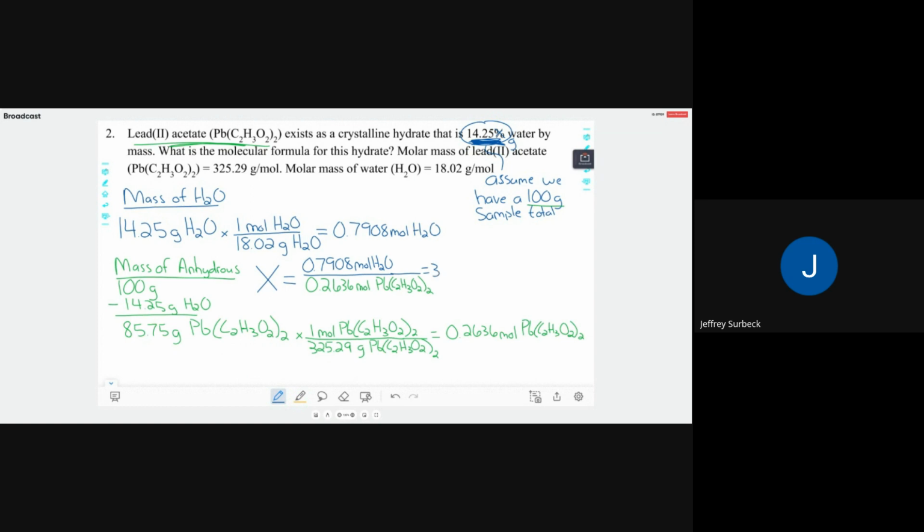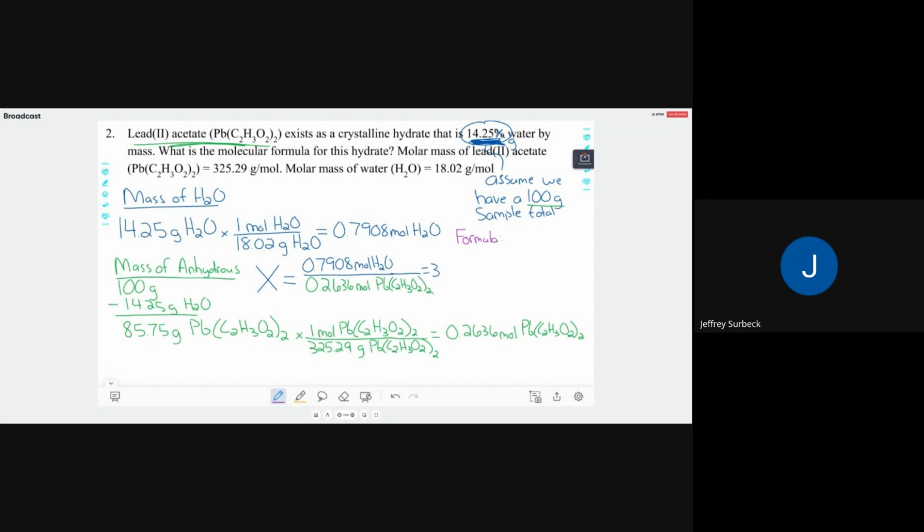All right, so now here comes the answer to our question. We wanted to determine what the formula is, and I'm going to go one step further and name this compound as well. Our formula is going to be lead 2 acetate.